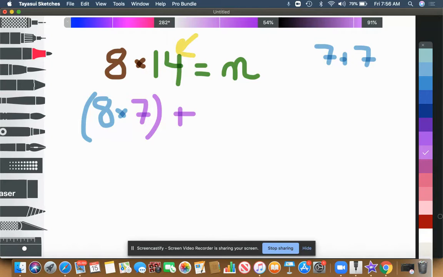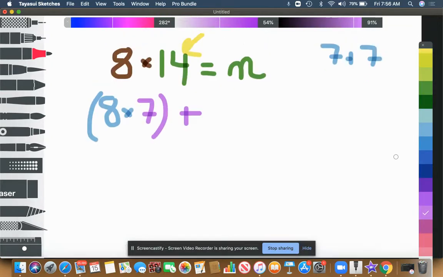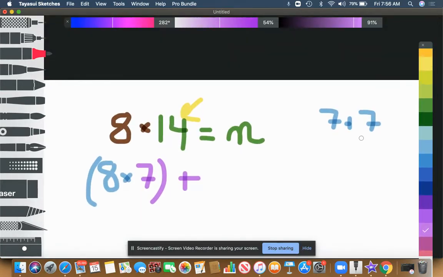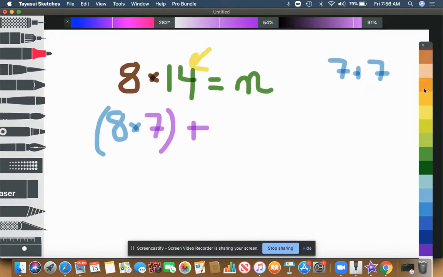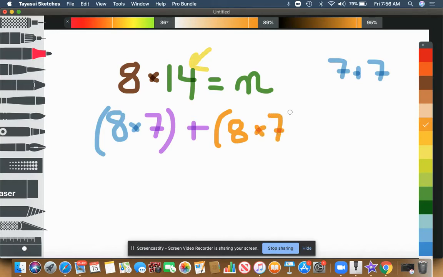8 times 7. Now the good news here, guys, is I only have to multiply 8 times 7 once. Because if 8 times 7 is 56, that means it's going to be 56 for the other one there. So what I mean by that, so I write out my multiplication sentences here. I have some distributive property going on. 8 times 7, guys, I know 8 times 7 is 56.